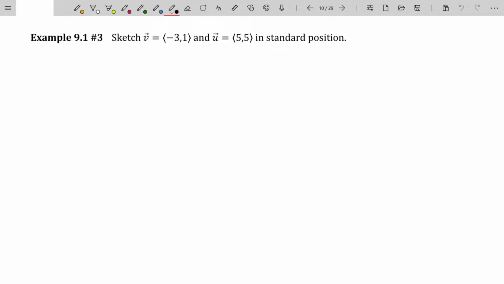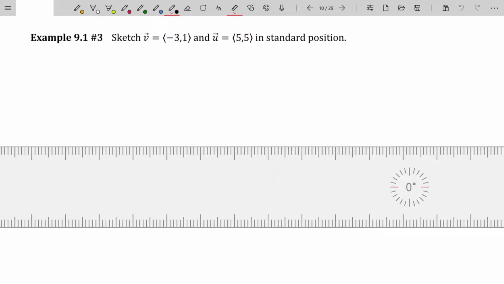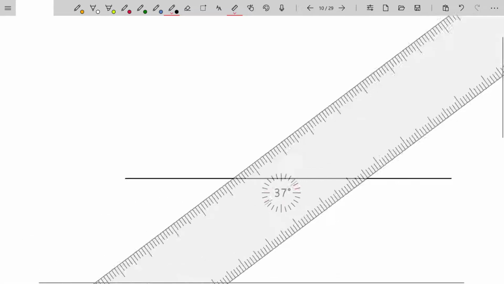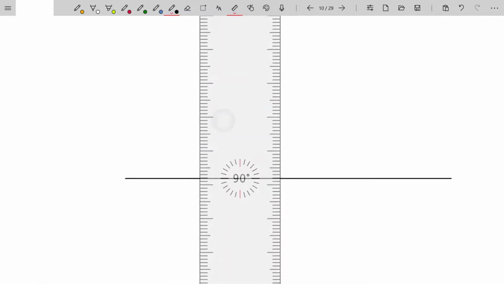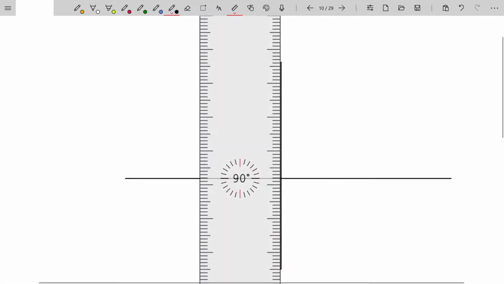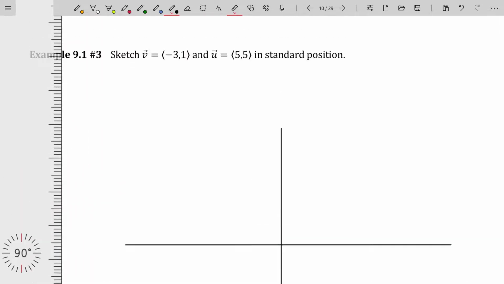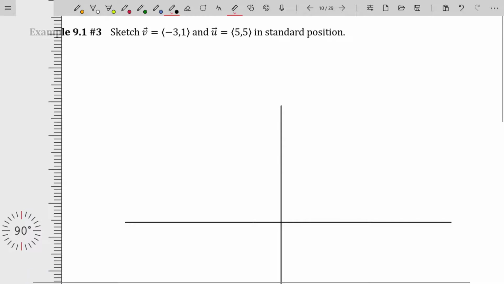So here's that question. Let's go ahead and put in a Cartesian coordinate system here, just real quickly. I'm not going to be super accurate with measuring at least, but I'll keep that off to the side so that I can draw it. The vector v in standard position starts at the origin, it goes back 1, 2, 3 steps and up 1 step.